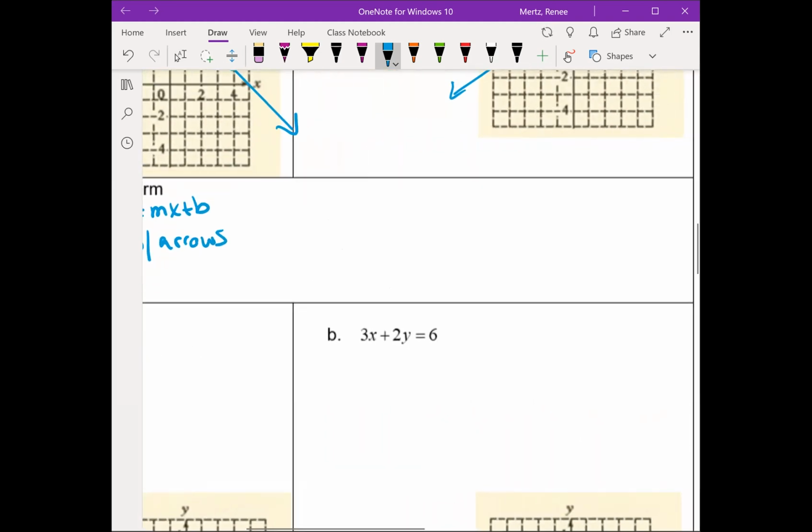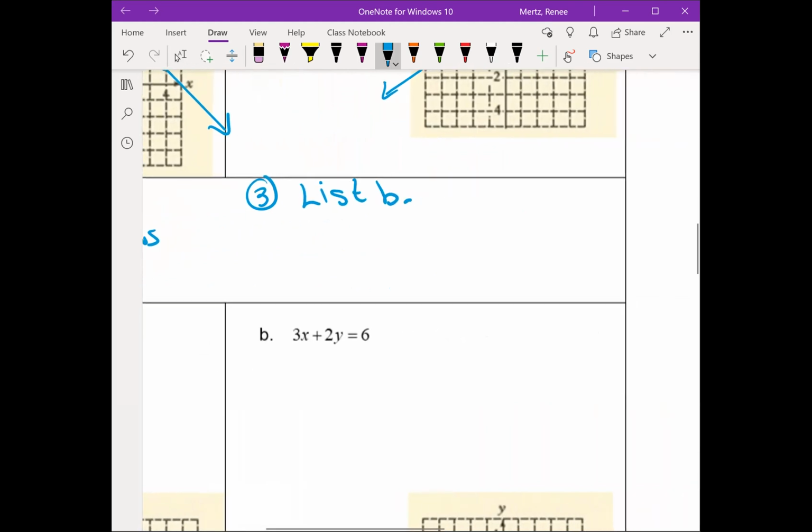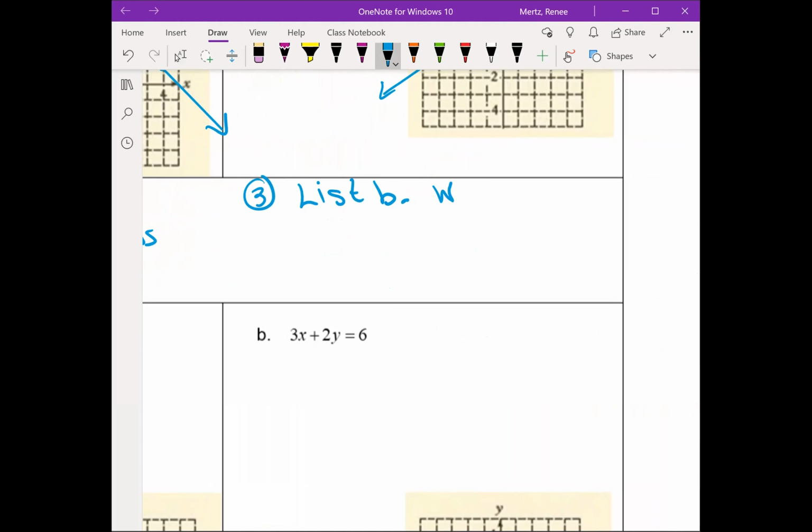Third thing we want to do is list b. This is our y-intercept, so then you're going to want to write the coordinate. It's always on the y-axis. It's going to be 0, comma, b, whatever that value is. And then 4, plot b, and move the slope.